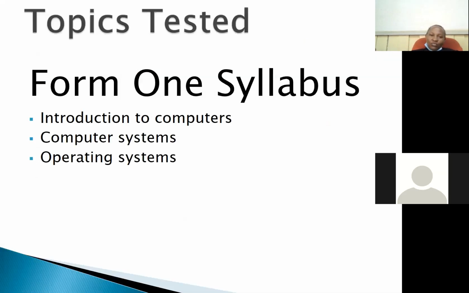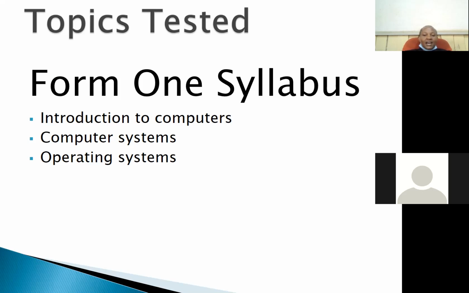Then let's now move on to another thing. What are the topics that can be tested in the exam? This is just the syllabus of computer studies. We have the Form 1 syllabus, whereby we have the first topic, which is Introduction to Computers. In Introduction to Computers, we have definition of terms.